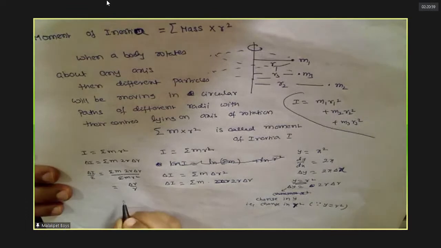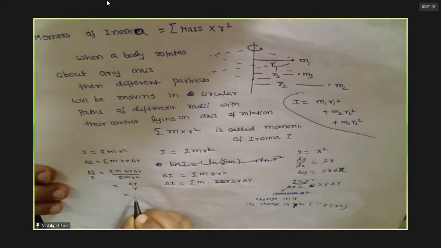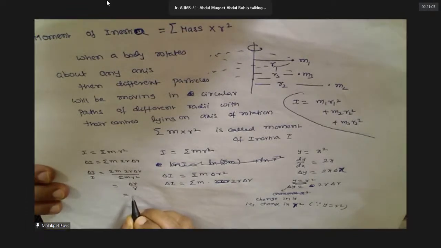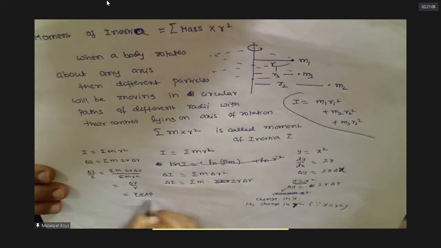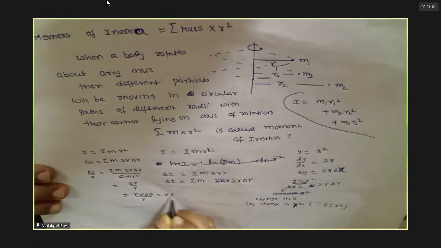So what is r actually? Length only, no? R is some length. What is this equal to? Original r square, radius. What is that equal to?